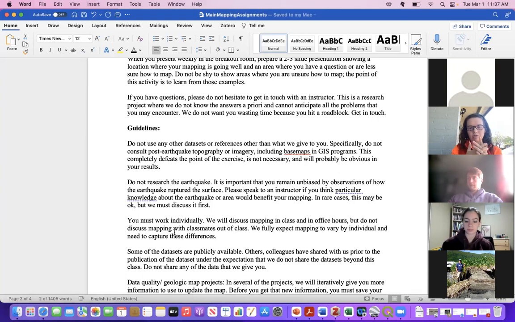This includes the base map in GIS programs. For the mapping repeatability, I sent you the link to all of those data sets. And for the other assignments, I'll show you today, or maybe next time, how to get the data that you need for the mapping.